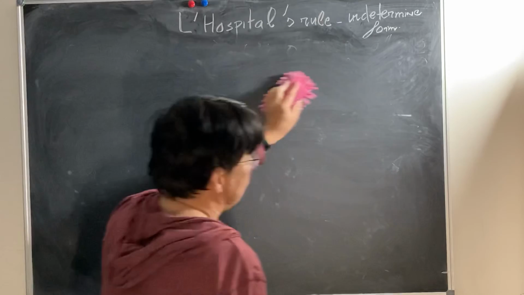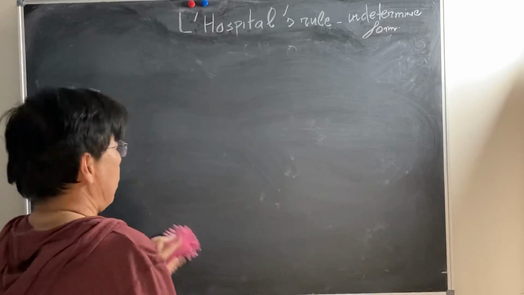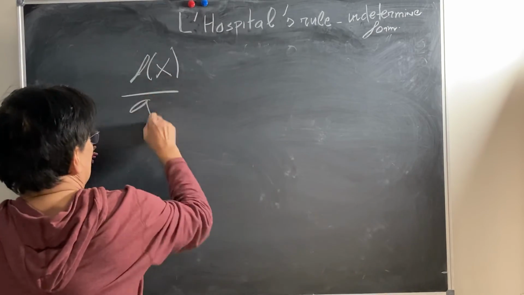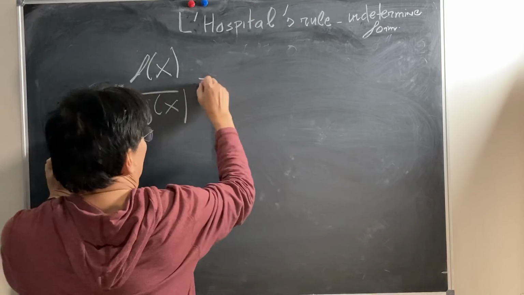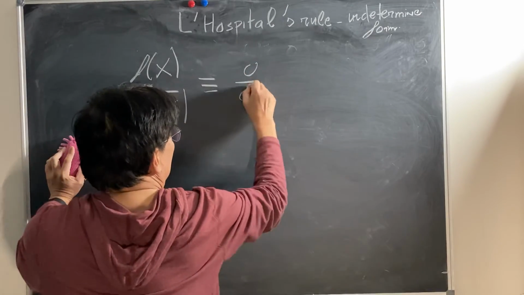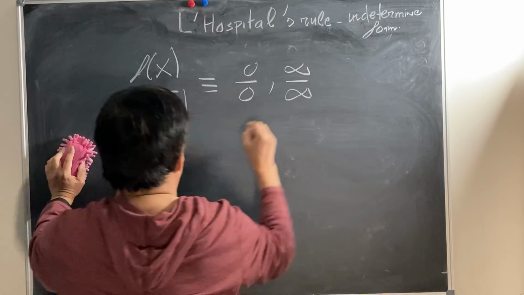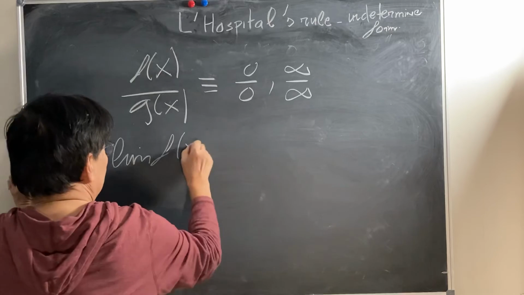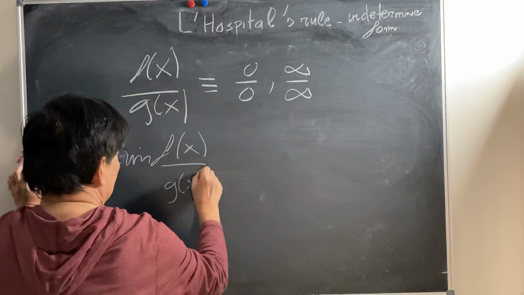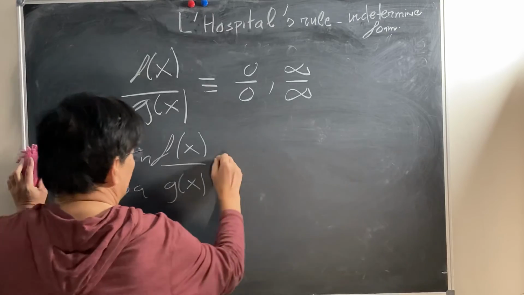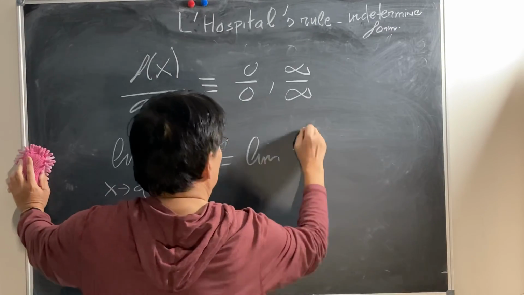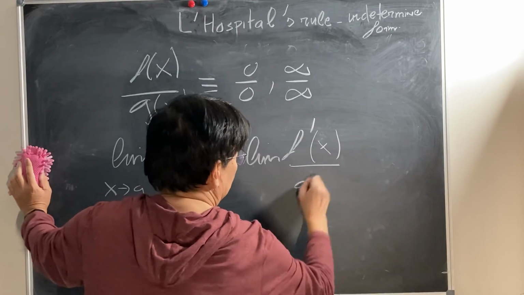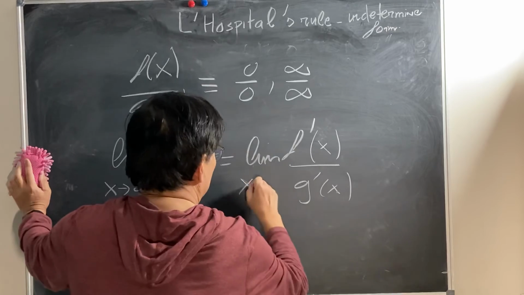Keep practicing and do your homework. Let me take f(x) divided by g(x). If it is of the form 0 over 0 or infinity over infinity, then the limit of f(x) over g(x) as x goes to a will be equal to the limit of the derivative f prime x divided by g prime x as x goes to a.